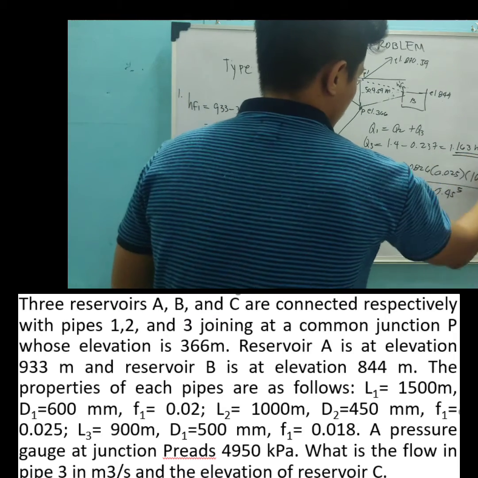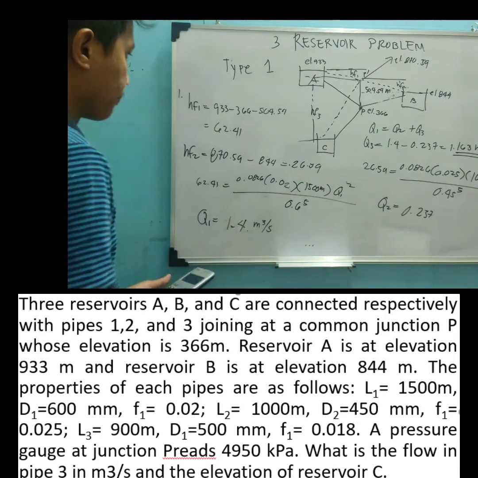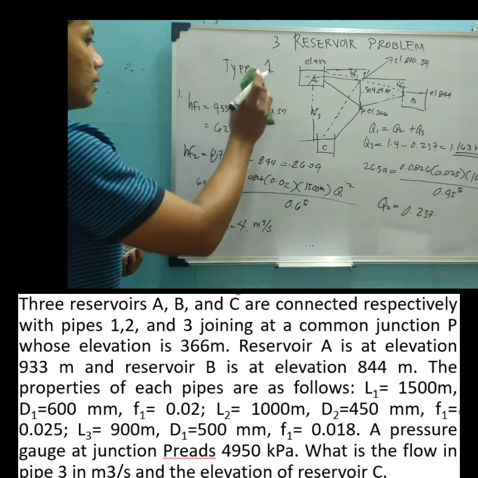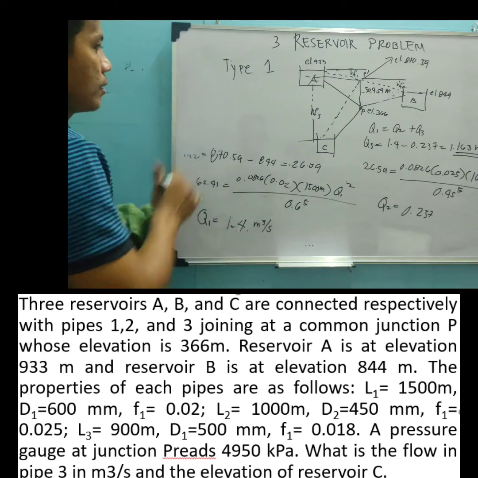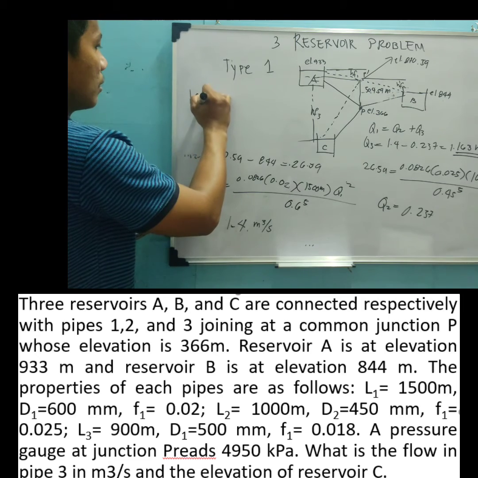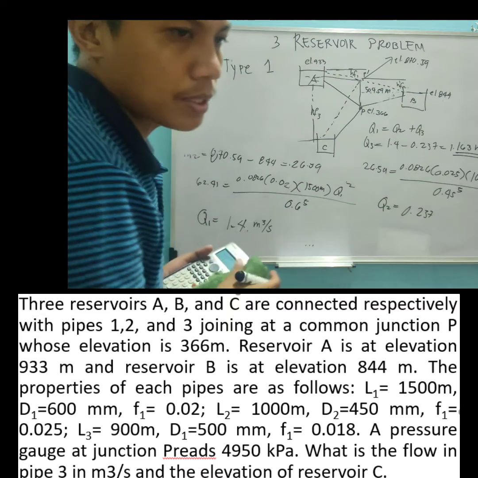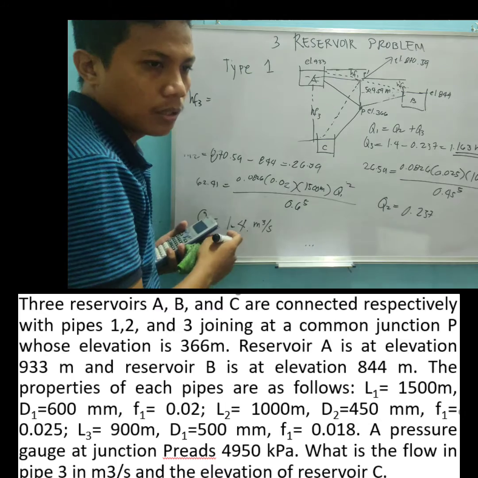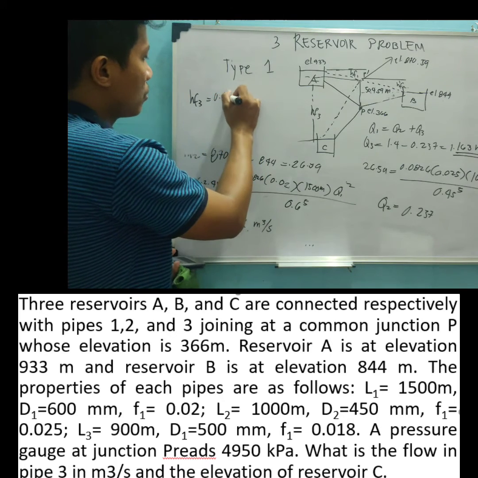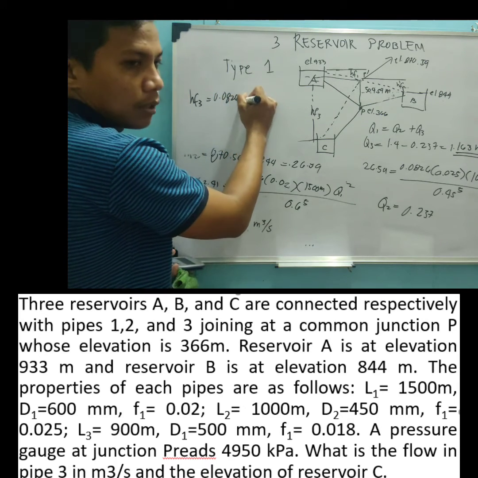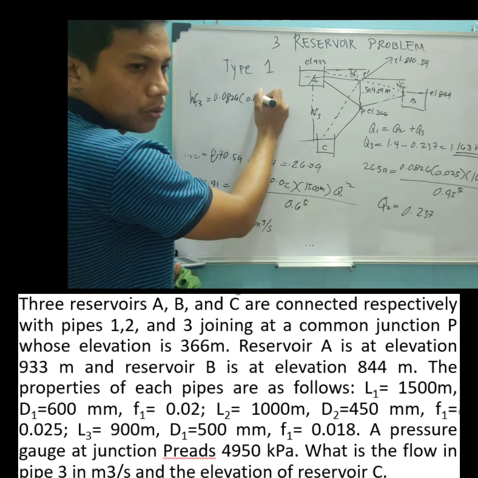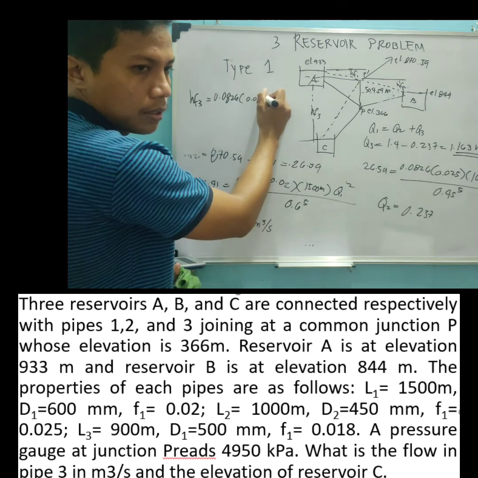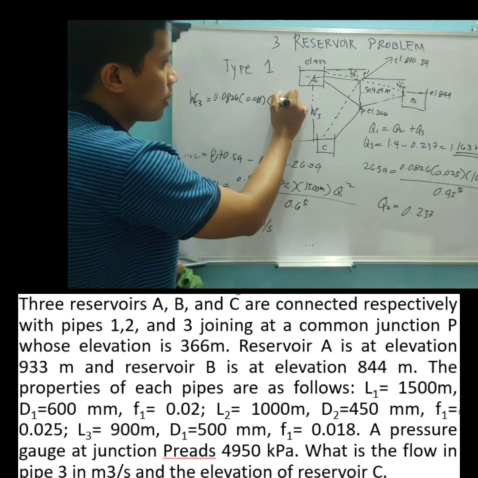So, hanapin lang natin yung HF3 equals to, may properties naman yung pipe, 0.0826. Ang F niya is 0.018. Then ang length niya is 900.